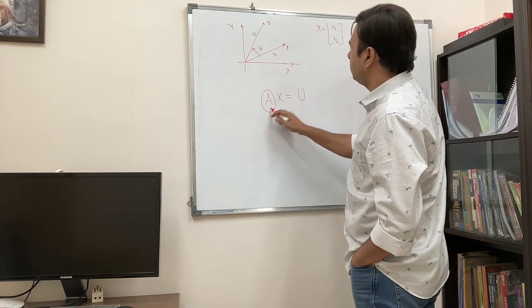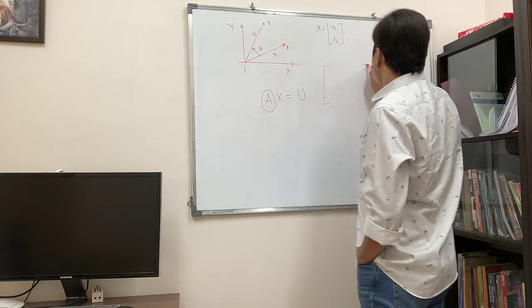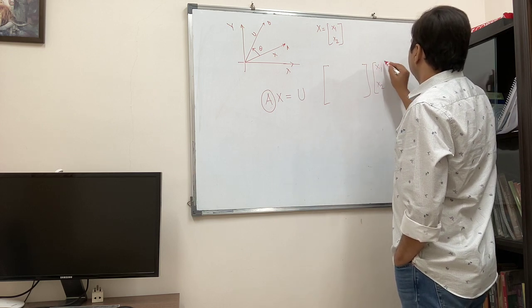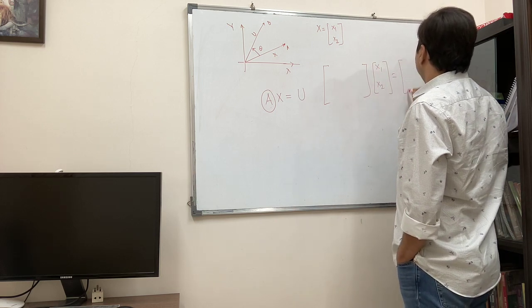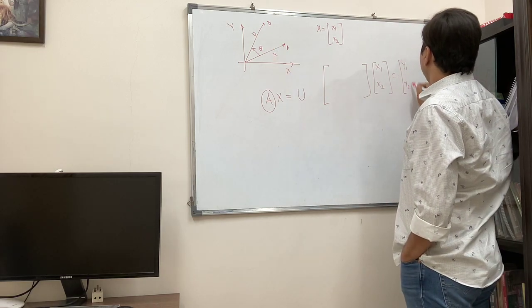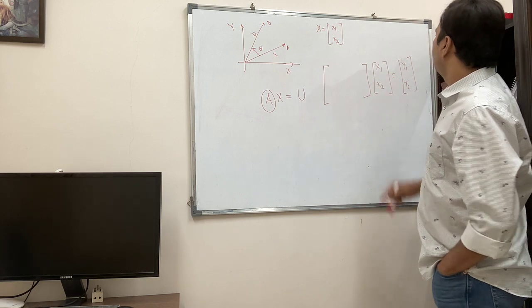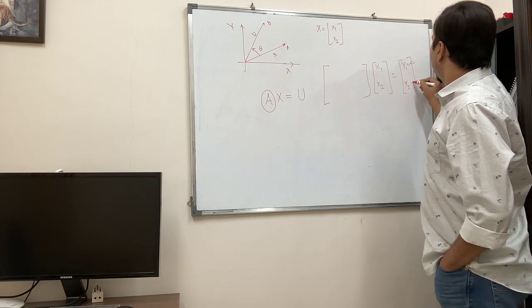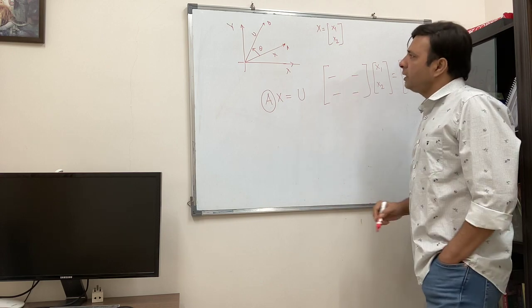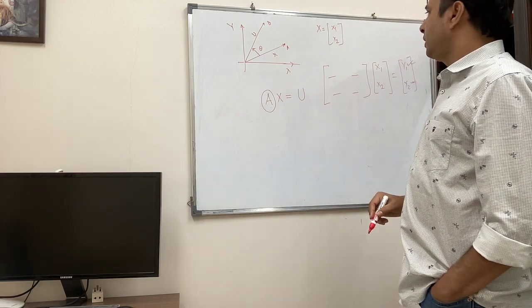So what we want is: what are the entries here, such that when I multiply by x1, x2, it gives me y1, y2. x1, x2 are known. These numbers are known. I want to know this number. To know this number, I need to know what should be here. Whatever that matrix is, we'll just see what it is.